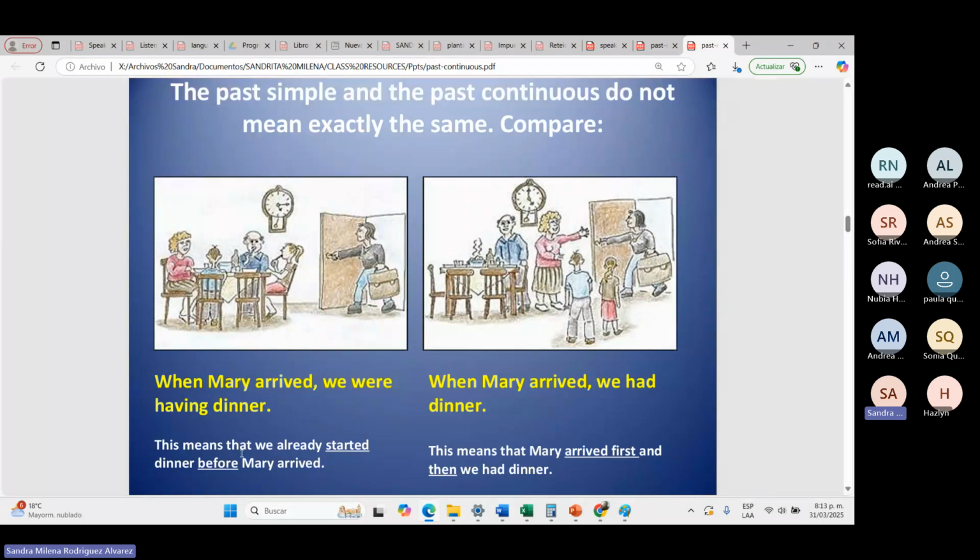It means that we already started dinner before she arrived. And the other one is when Mary arrived, we had dinner. This means that Mary arrived first and then they had dinner. Okay?